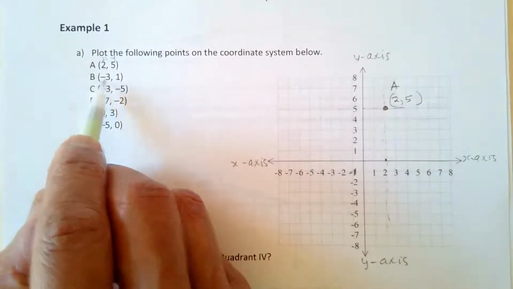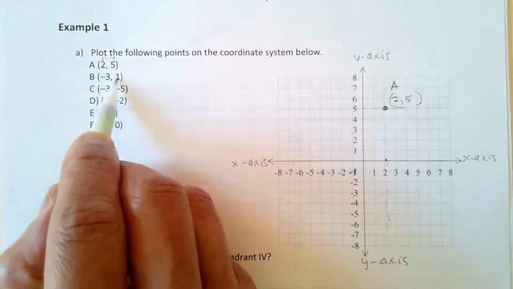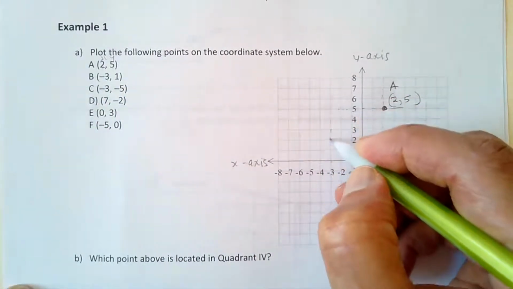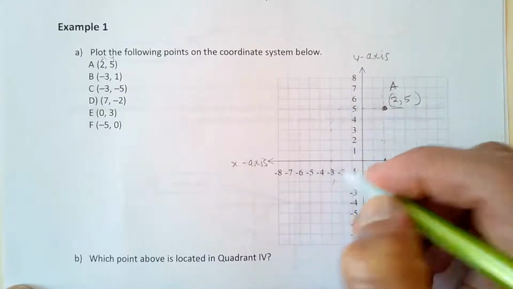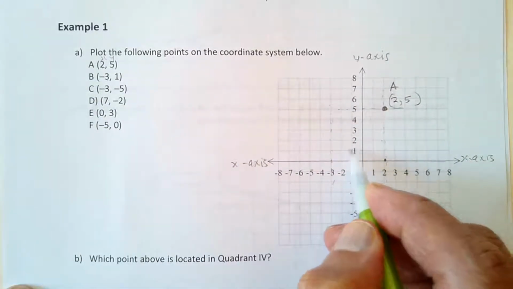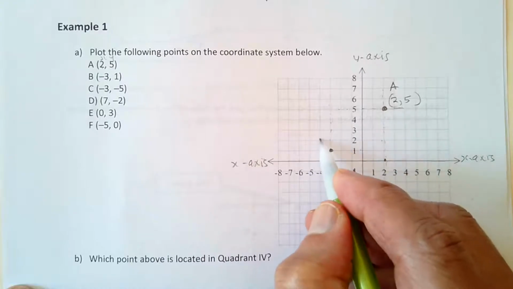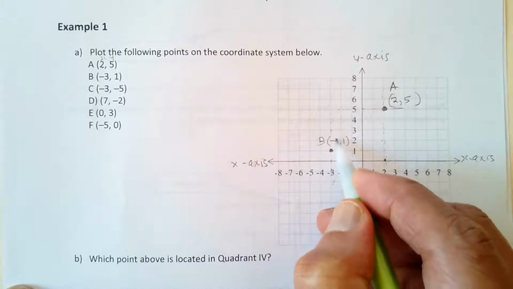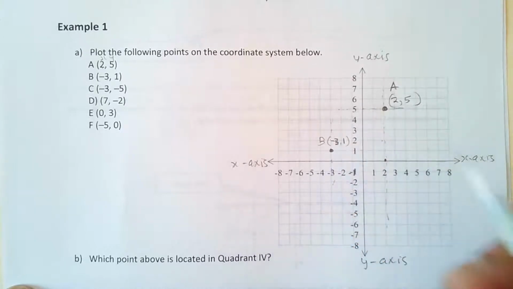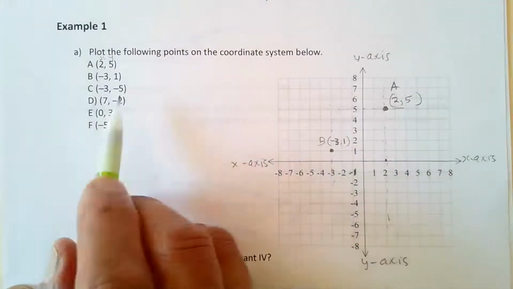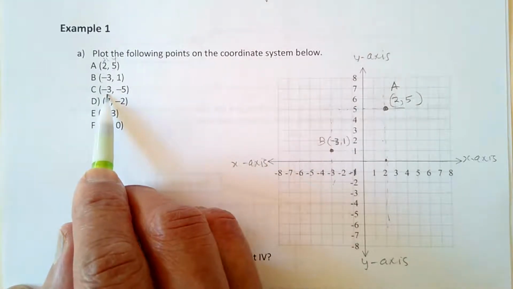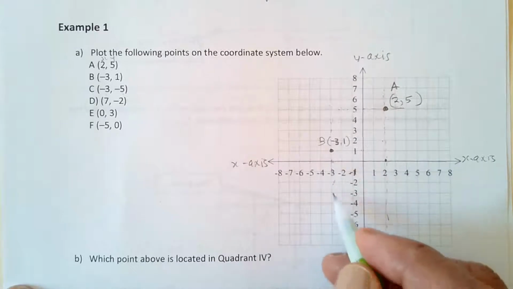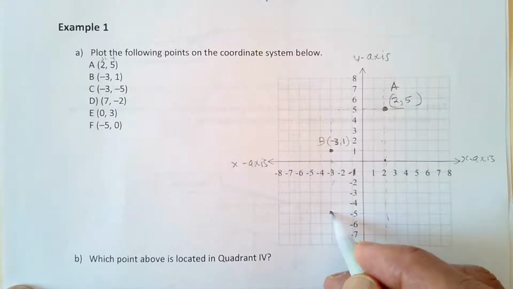B is -3, 1. So x is -3, y is 1. So follow down -3. And y is 1. So there's my B, -3, 1. Next, -3, -5. So -3, -5.